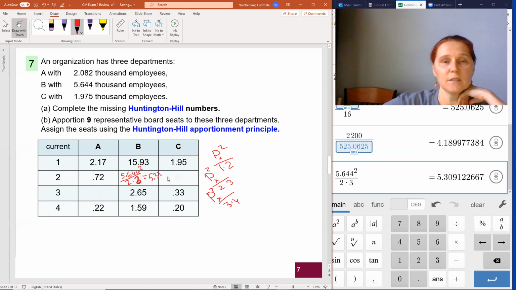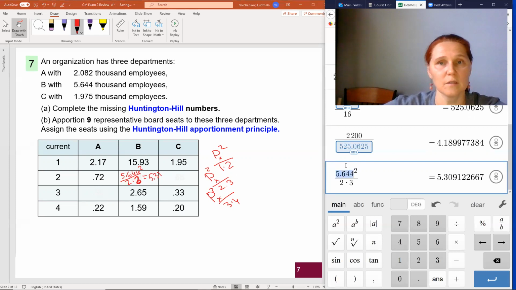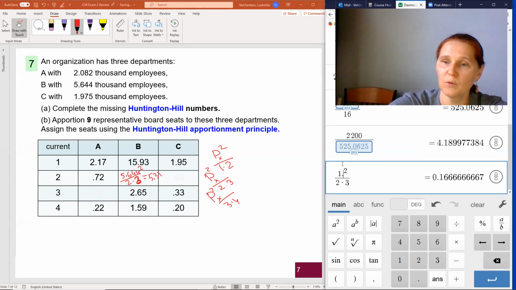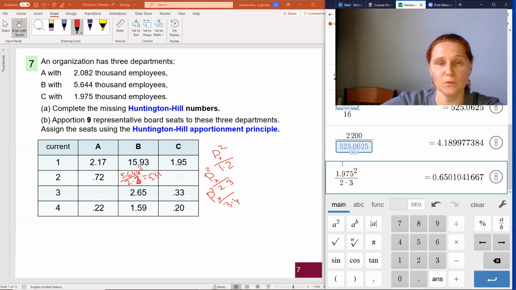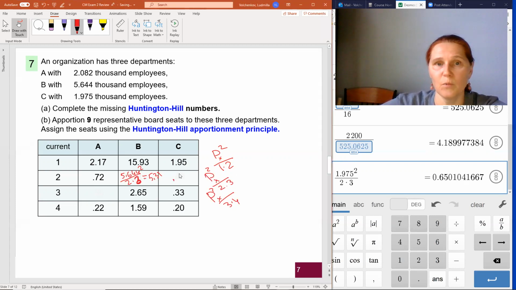The second cell here, the population of C is 1.975 squared divided by 2 divided by 3. It is 0.65.